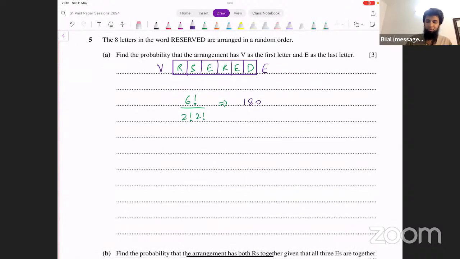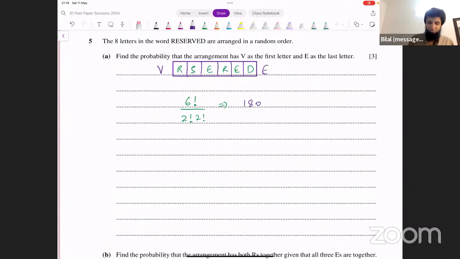Now find the total number of possible outcomes if there were no conditions. Total possible arrangements, what would they be? If you consider all letters, we have 8 letters in total. That's 8 factorial divided by 2 factorial because of the 2 R's, and then 3 factorial because of the 3 E's. 8 factorial divided by 2 and 6.